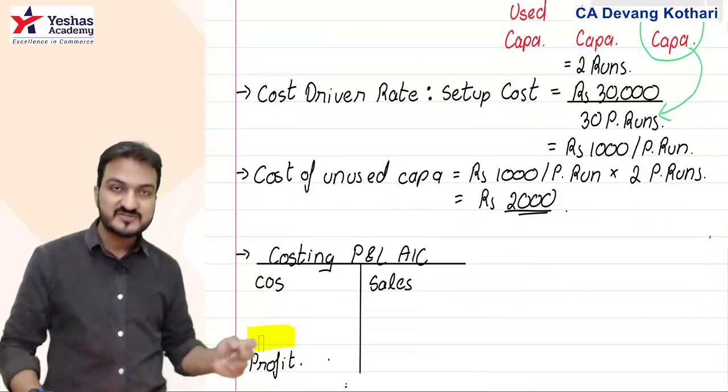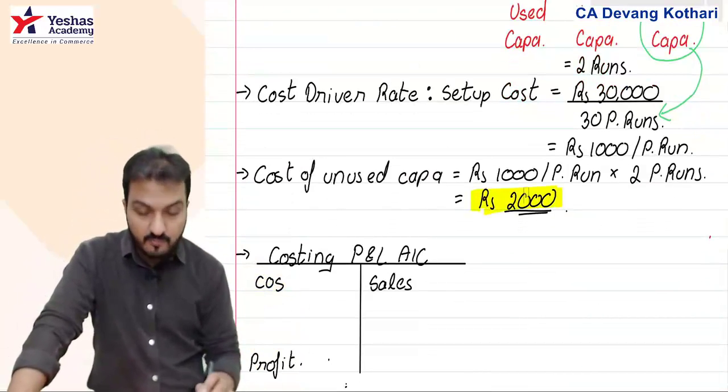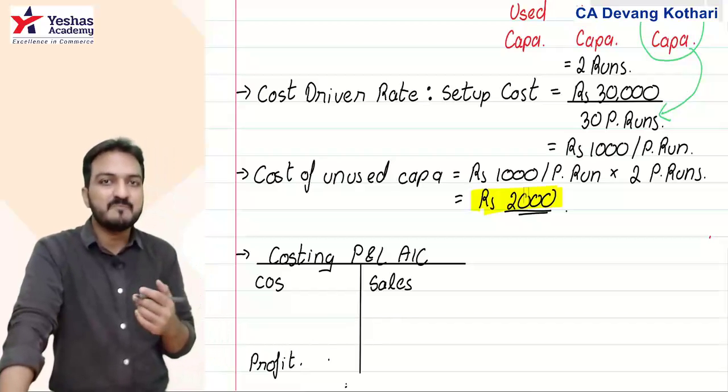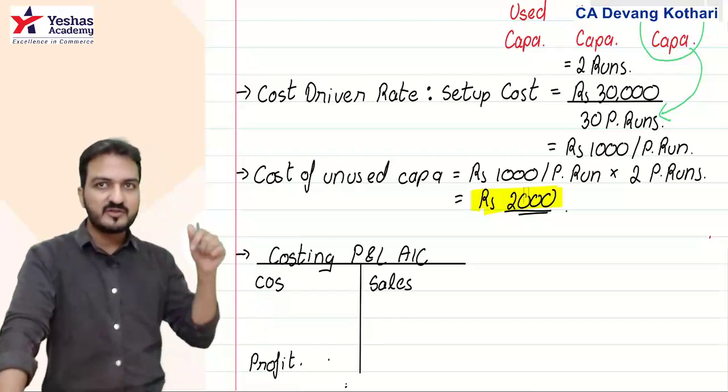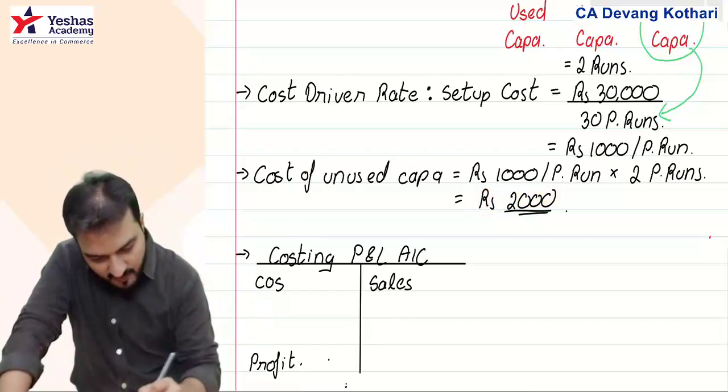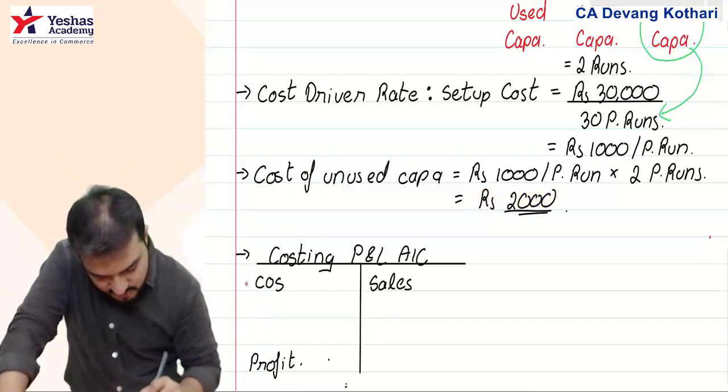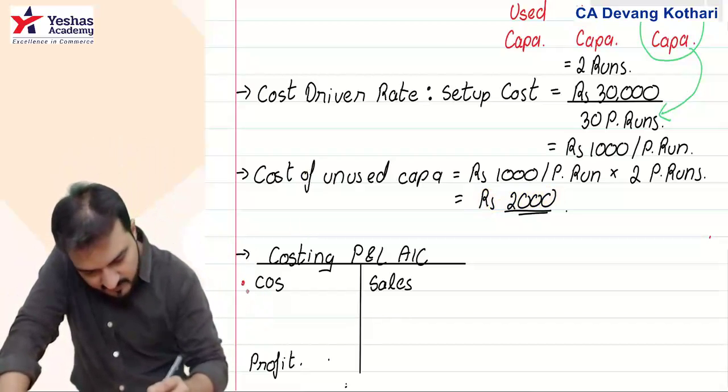So in this costing P&L, this 2000 rupees cost is still missing. Now you put that cost over here. Cost of unused capacity is shown separately in the P&L.